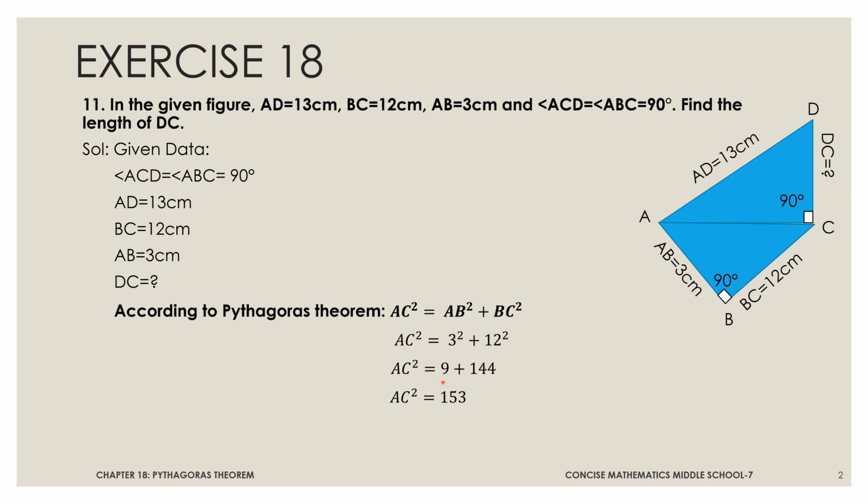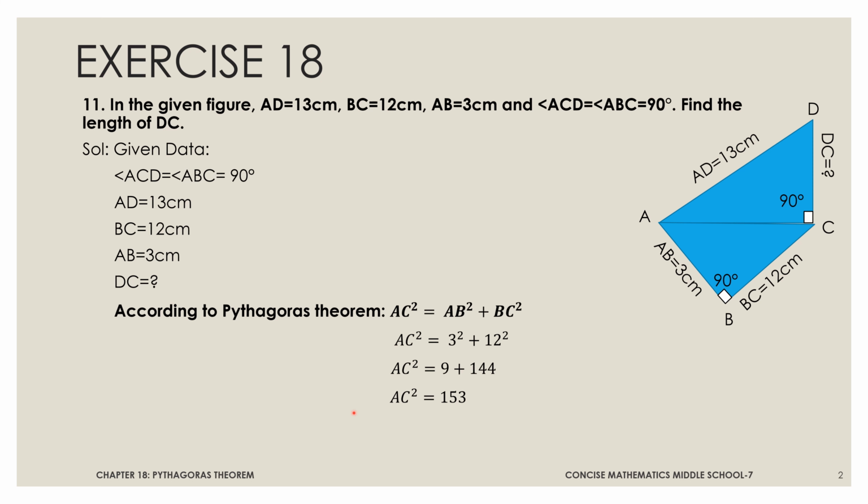So I'm not going to take a square root of this 153 and I'm going to keep it as it is, right? Even if you take the square root, for solving DC, again you need to find out AC square. So at that time anyhow you need to double it, right?